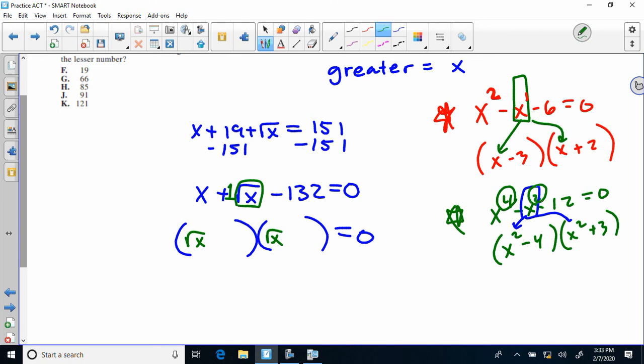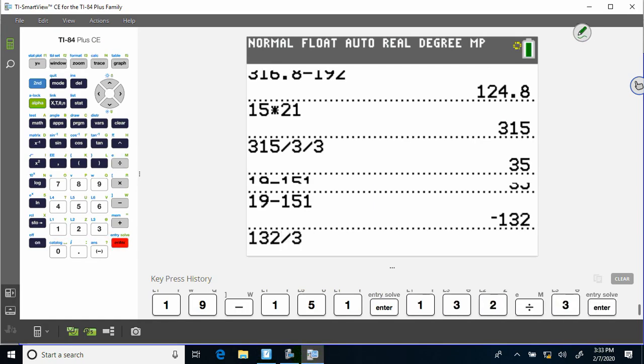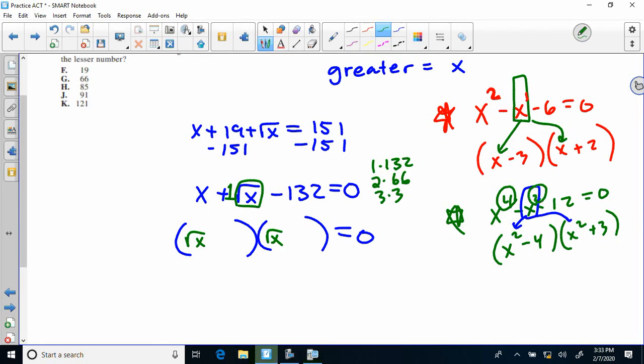And so I write down my factors of 132, which are 1 and 132, 2 and 66. There's a lot that goes in here. 3 will go into that, whatever it does. 132 divided by 3, my brain doesn't want to think that one through, is 44.